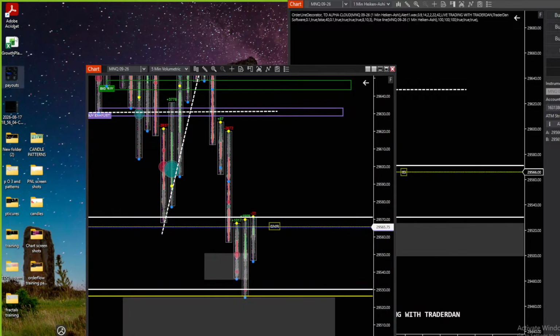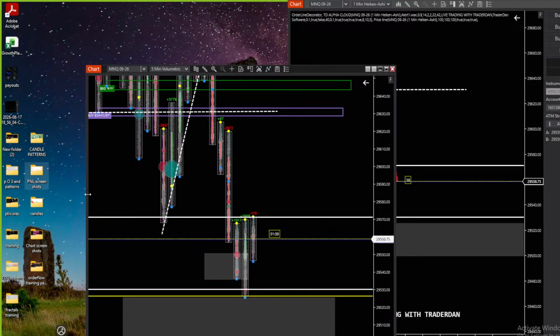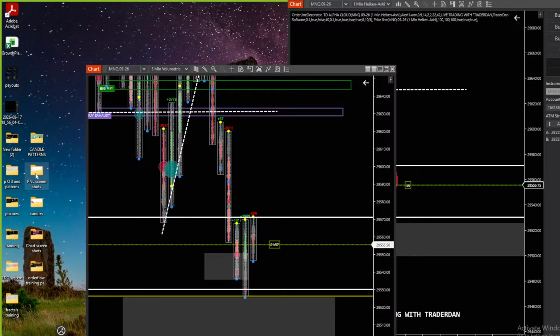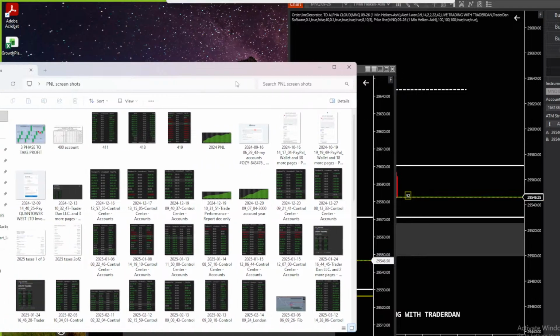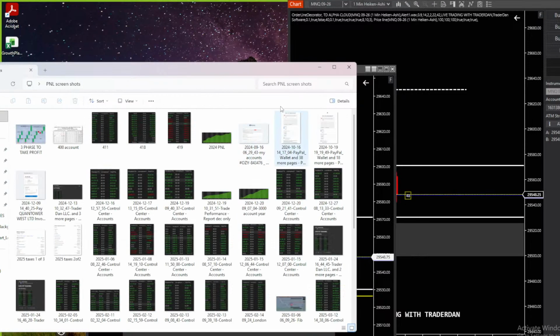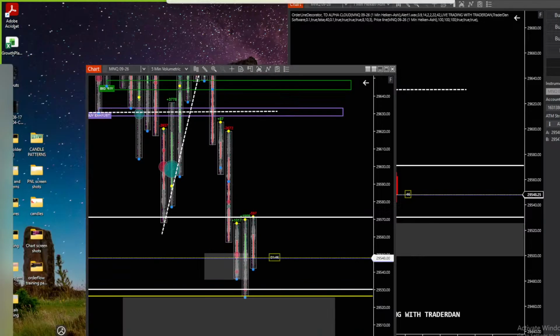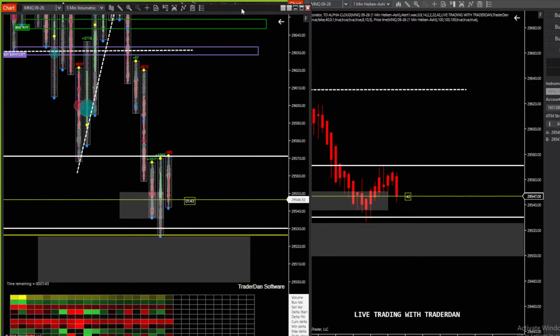Yeah, that's payouts. I have another folder here. It's got them, but I don't really. Yeah, P&L screenshots. All these here. I don't post them, you know, but it is what it is. I post when I pass them, which I'm working on a couple of right now.